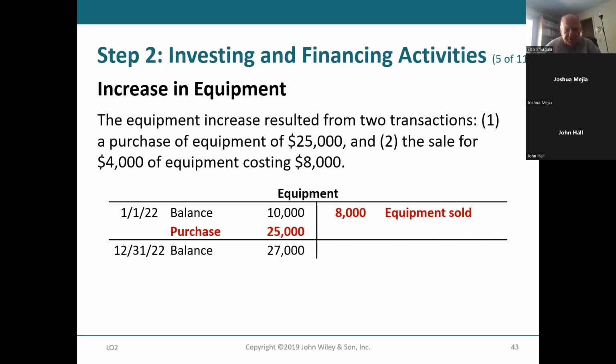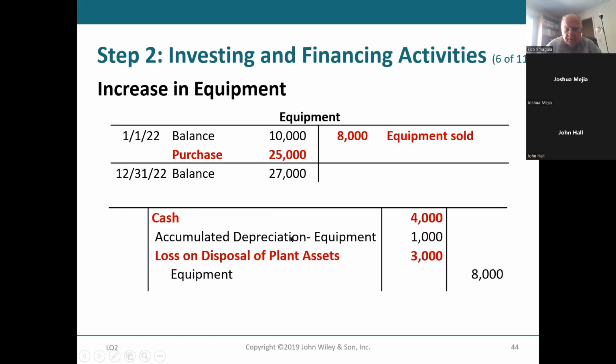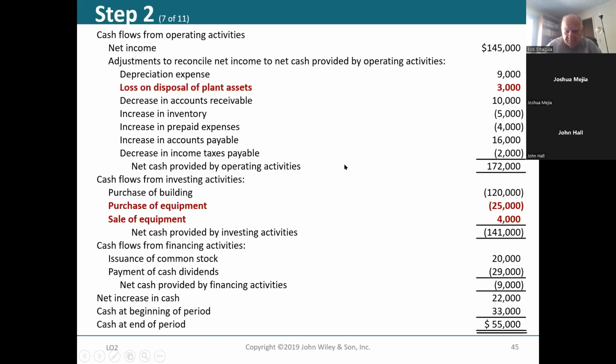They purchased equipment for 25 and they sold a 4,000 piece of equipment for 8,000. So they're showing it right down here: 120 for the purchase of the building, 25,000 for the purchase of equipment, and 4,000 positive for the sale of the equipment. And that's the end of investing.